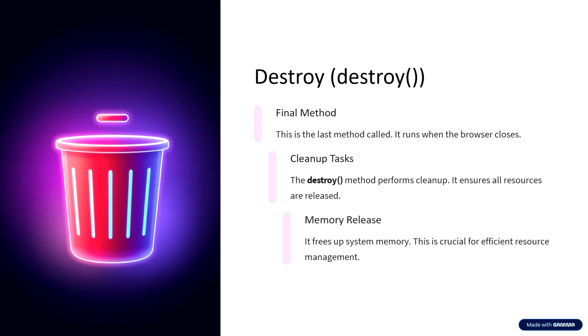This is the last method, and it runs when the browser is closed. The destroy method performs the cleanup and ensures that all resources are released. It frees up system memory. This is critical for efficient resource management.